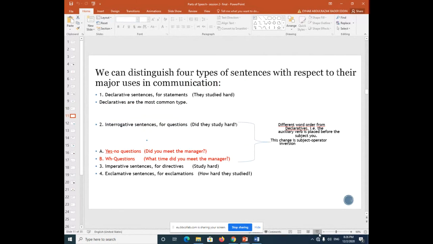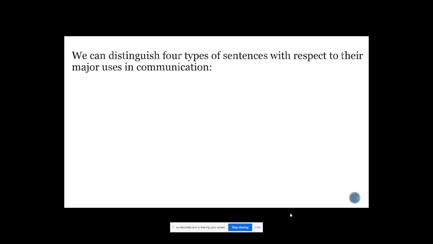Right. Okay, so let's continue. Please, if you have any questions, you can just take notes of your questions and then we will get back to them later. We can distinguish 4 types of sentences with respect to their major uses in communication. So it depends on the communicative function that you want to convey. We have 4 different functions.